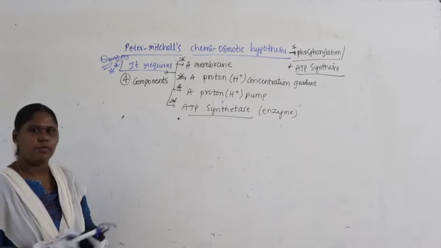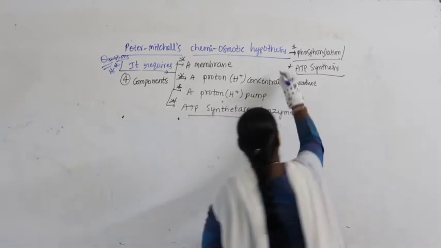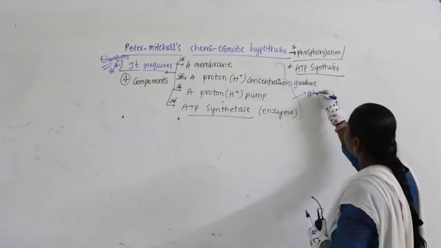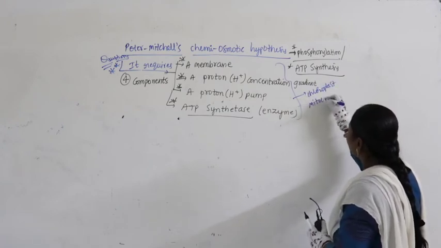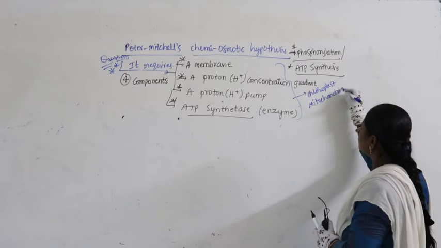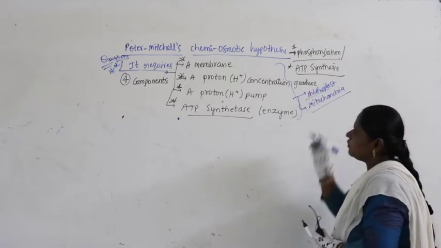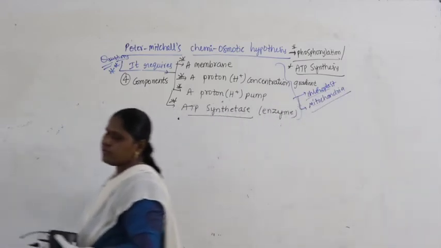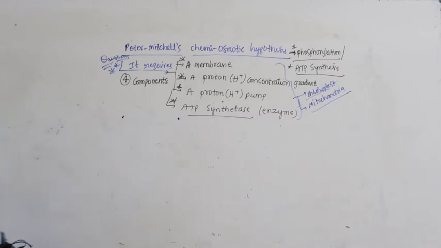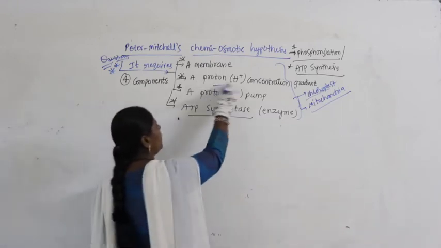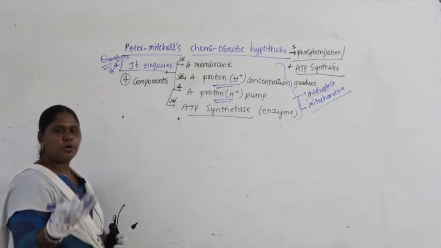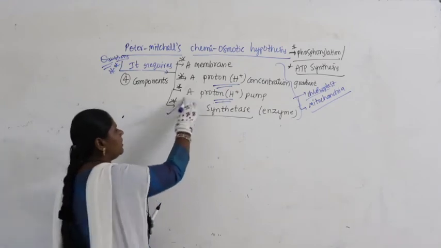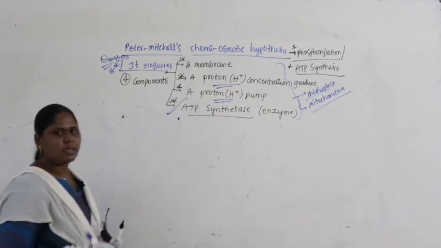These 4 components are common for both chloroplast as well as mitochondria at the time of ATP synthesis, or during the process of phosphorylation. Protons are needed for ATP synthesis. To produce the ATP, the enzyme required is ATP synthetase.